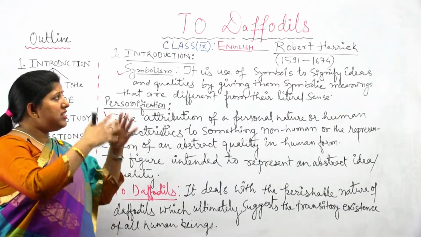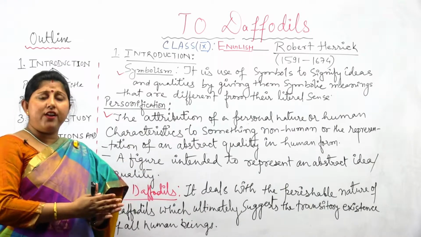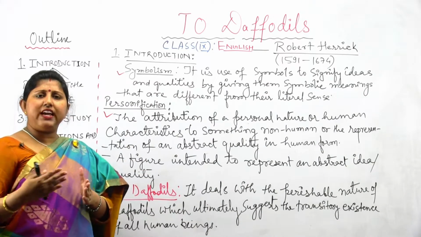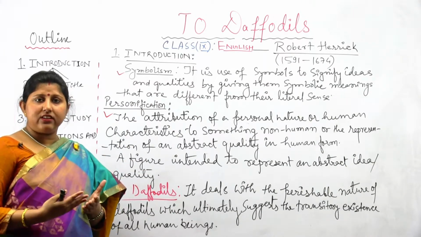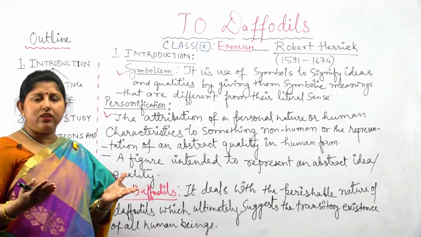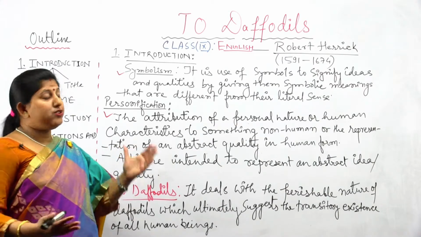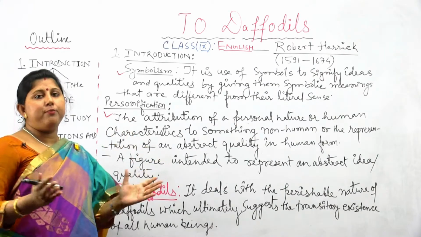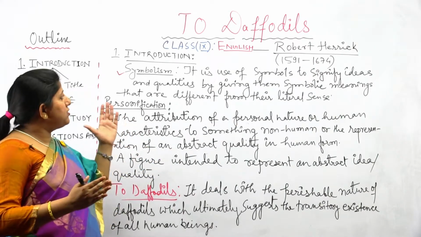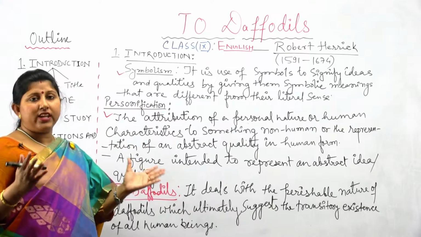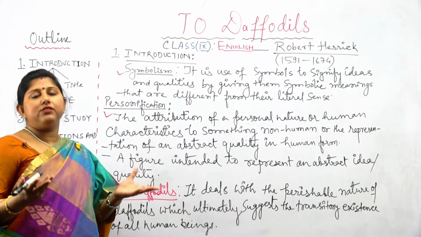But how can this structure of a flower be compared to the lifespan of a human being? Is that possible? No. But if a poet uses such a comparison with the tool of symbolism, that is called the beauty of a symbol.